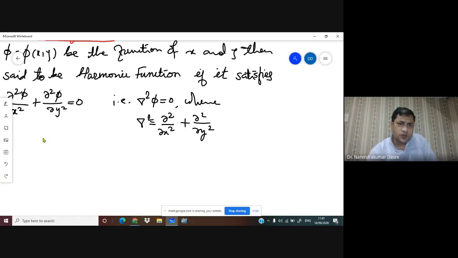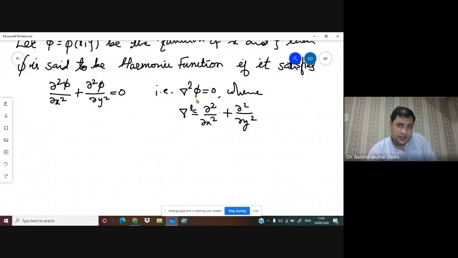Okay. Now this equation has a particular name.